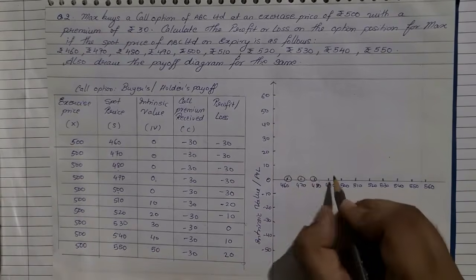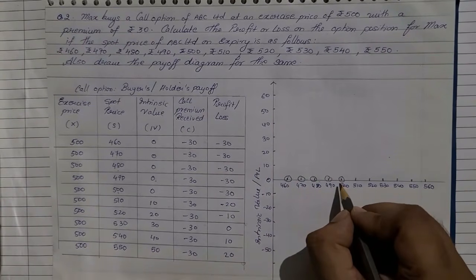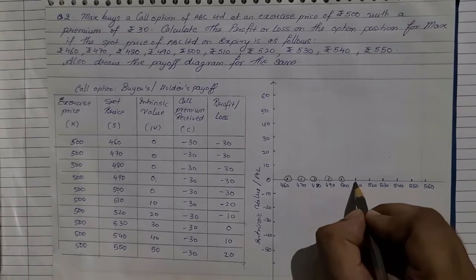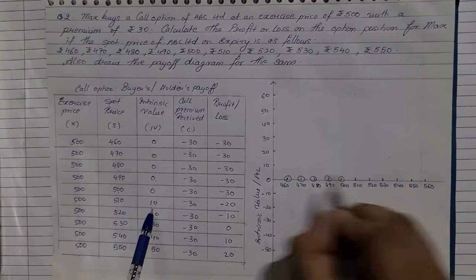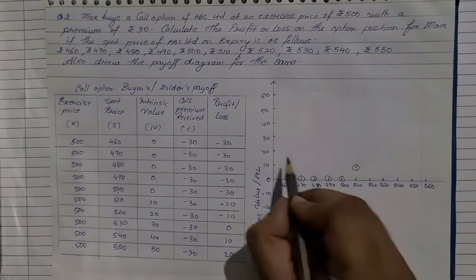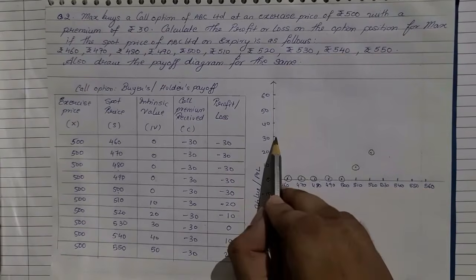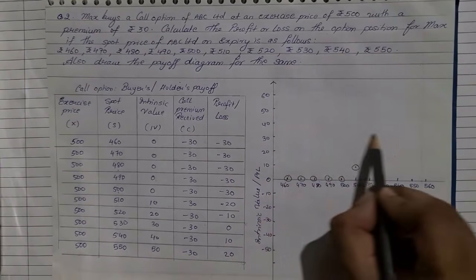So we have all those values up to 500 as 0. Thereafter at 510, the intrinsic value became 10. So I'll mark down that as 10. At 520 it became 20, so I'll take that. At 530 it became 30.